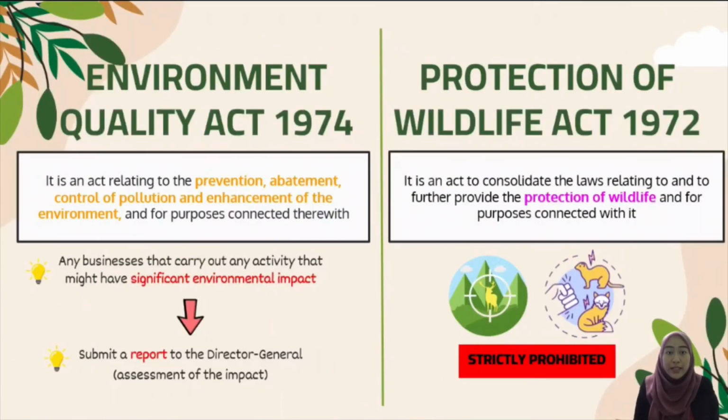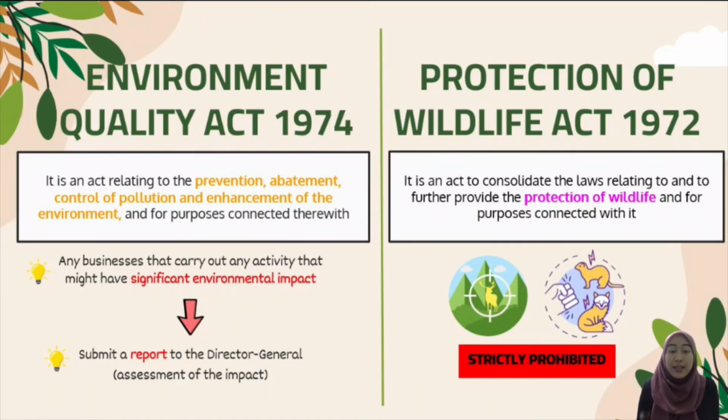The first one is the Environment Quality Act 1974. It is an act relating to the prevention, abatement, control of pollution and enhancement of the environment and for purposes connected therewith. It means these policies are designed first to restrict the discharge of waste into the environment, second to be in charge of pollution control, and last with the objective of enhancing environmental quality.